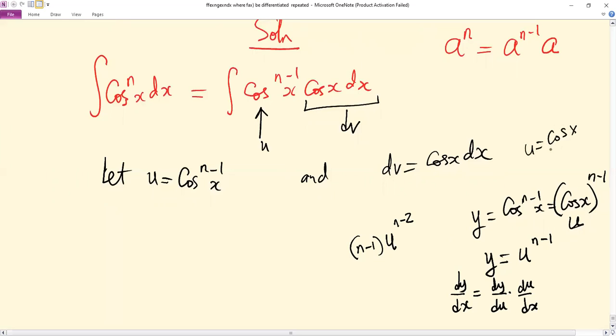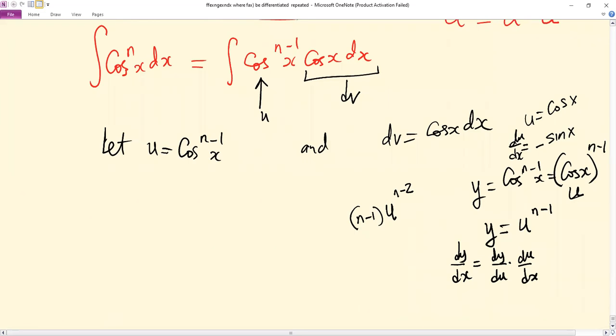Now when you differentiate a cos function, you get a negative sine function. So this is du dx. Which means that dy dx, which is dy du times du dx, where du dx is minus sine of x, will be negative n minus 1 times cos power n minus 2 of x, times sine x.